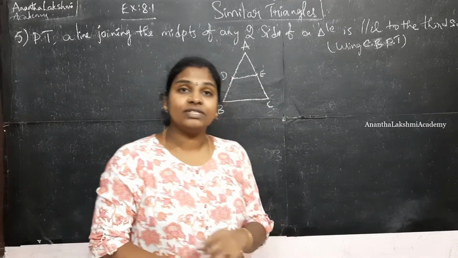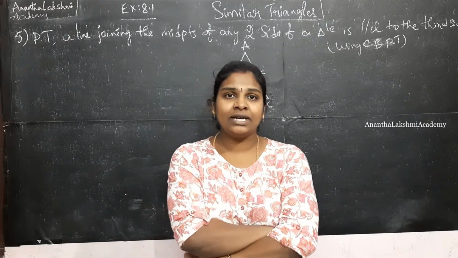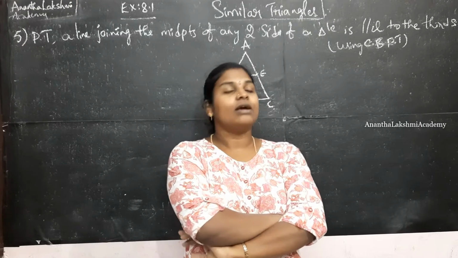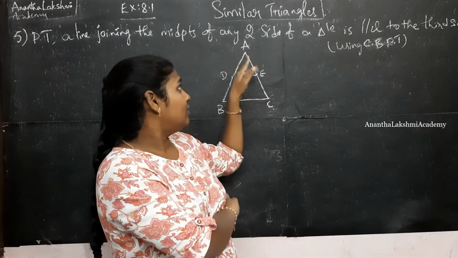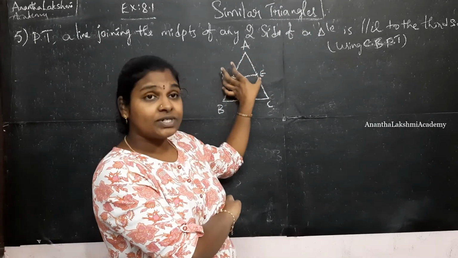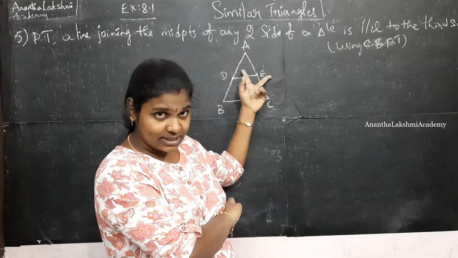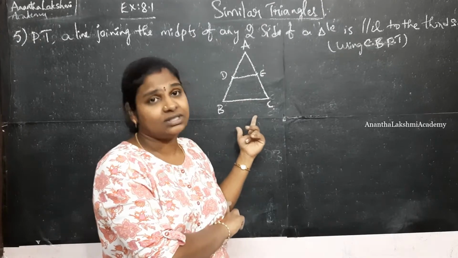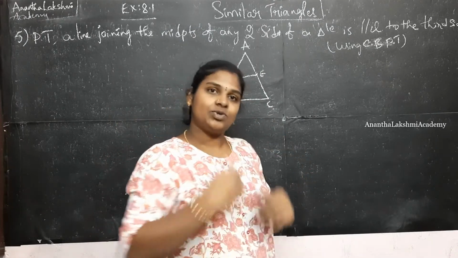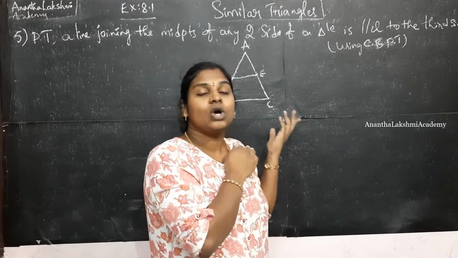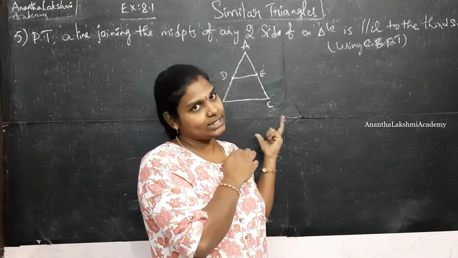What is the converse of the basic proportionality theorem statement? When a line drawn divides two sides of a triangle in equal ratios, then that line is parallel to the third side of the triangle. That is what it says. So let's see how we can use that converse of the basic proportionality theorem and solve this problem.